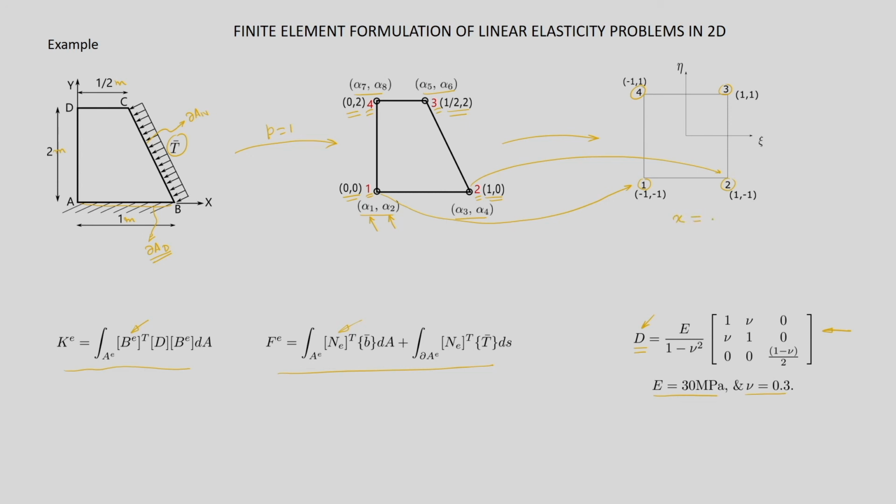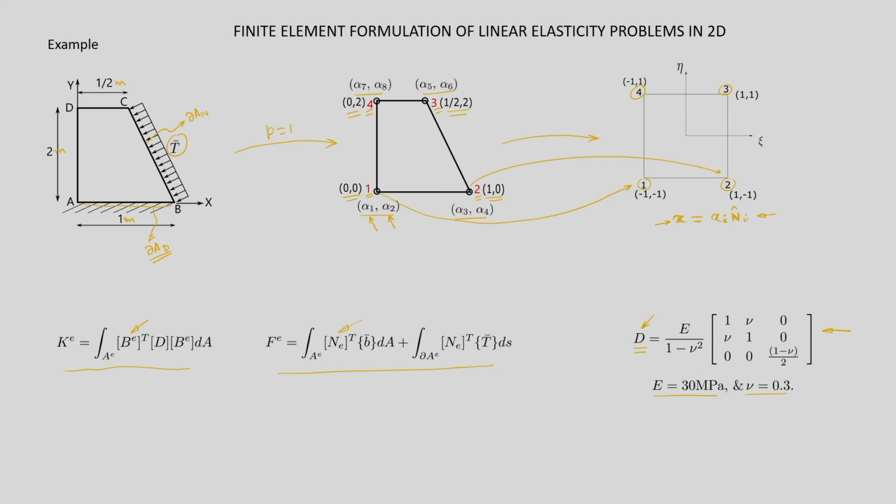So in that case x is equal to xi Ni hat. What is Ni? Ni's are the shape functions in the master element. For degree p equal to 1, we have already constructed the shape functions, so we know the expressions for Ni hat, and xi is basically the x coordinate of the nodes of the physical element. So if I put a value of xi and eta in the expression, we will get the corresponding x coordinate in the physical domain.